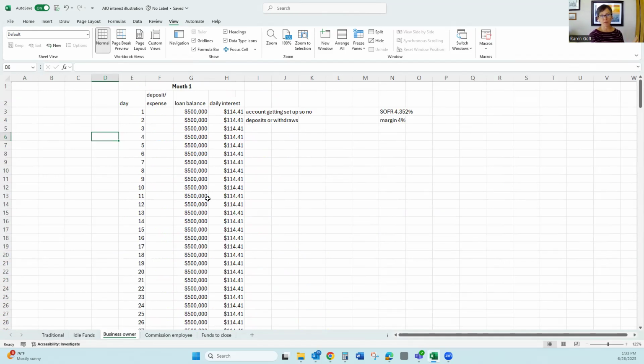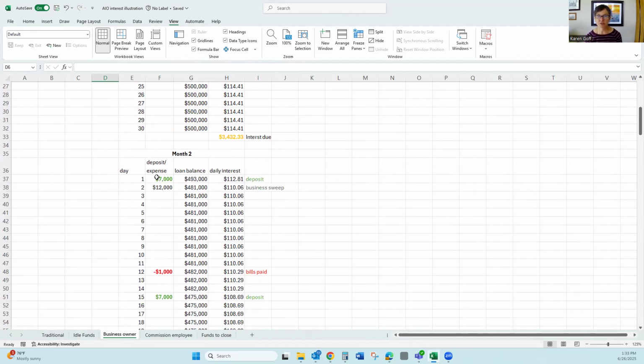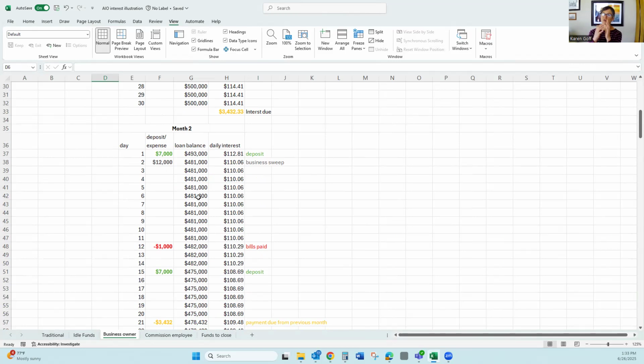So I went all the way back to the first one, and I took out the idle funds and all of that, just started back over, still cash flowing the same as far as checks from his business. But in this case, when you have a business account, you certainly might want to keep those funds separate so that your statement always matches your business books.